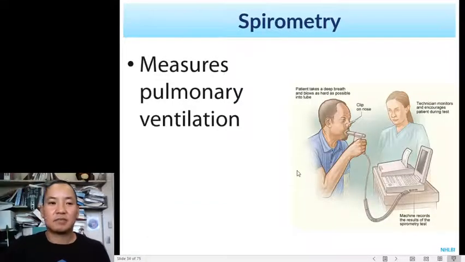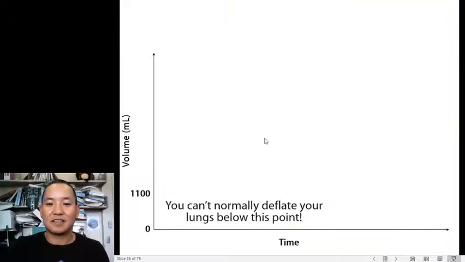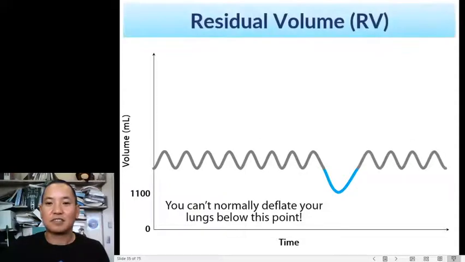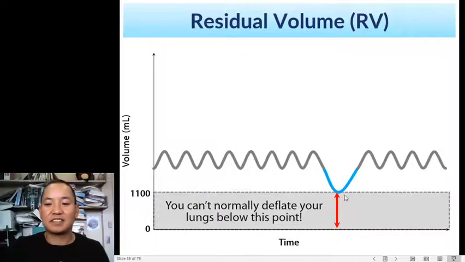So again, spirometry is an easy way to measure lung function without needing to probe and do invasive procedures on a patient. But it estimates lung size. Why? Because when your alveoli deflate, they don't deflate completely. So the residual volume: when you do a forced exhalation, you're exhaling a lot of air, but it doesn't exhale all the air in your lungs. Why?